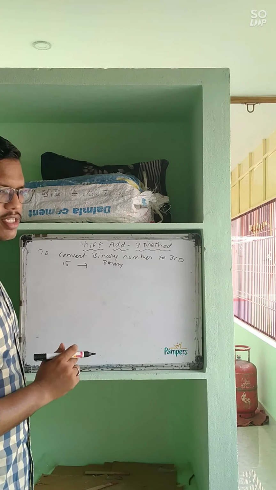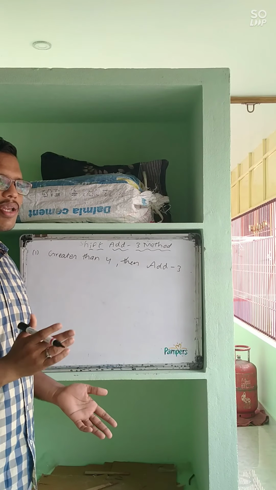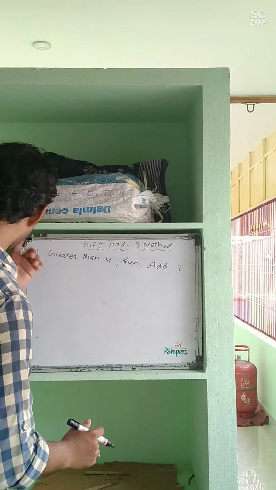This is the main statement. First, we have to shift the MSB of the given number to the left side. If the number is greater than 4, then we have to add 3, and then shift to the left side again. Okay.